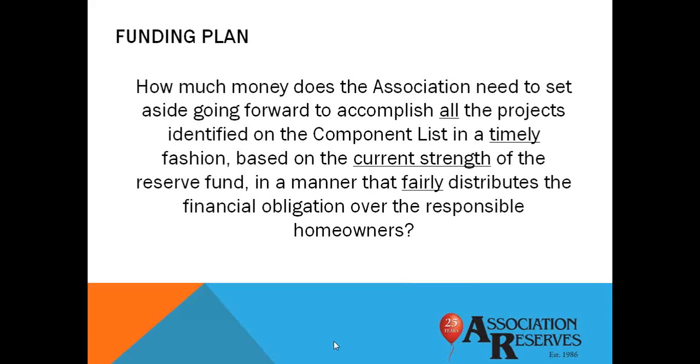Since the funding plan involves the setting aside of money each month, each year, or over a period of many years, it often gets a bad reputation, making people unhappy and facing sometimes outright rejection. The most common comment we hear is, "But we can't afford that."